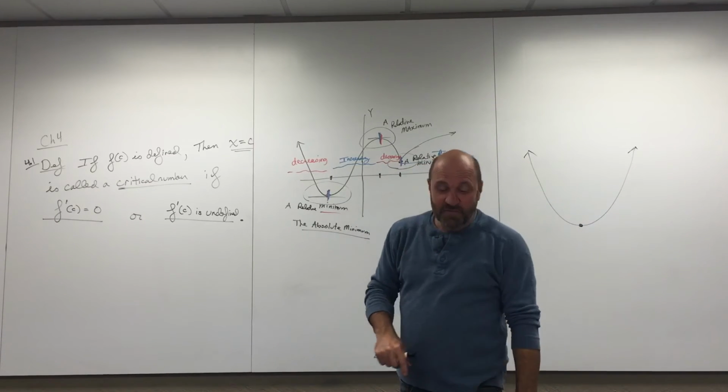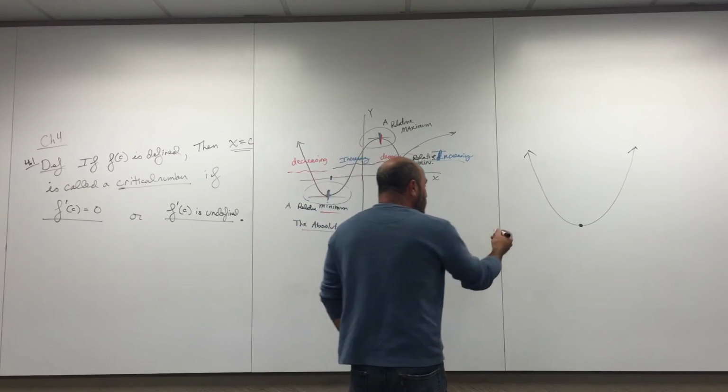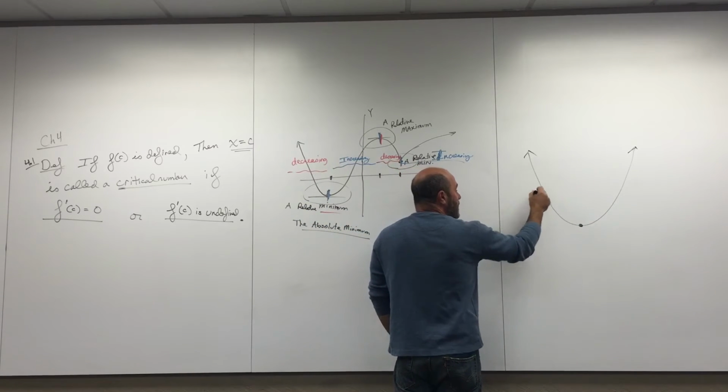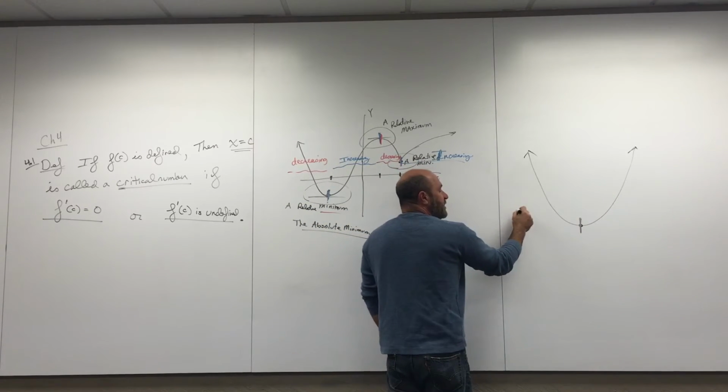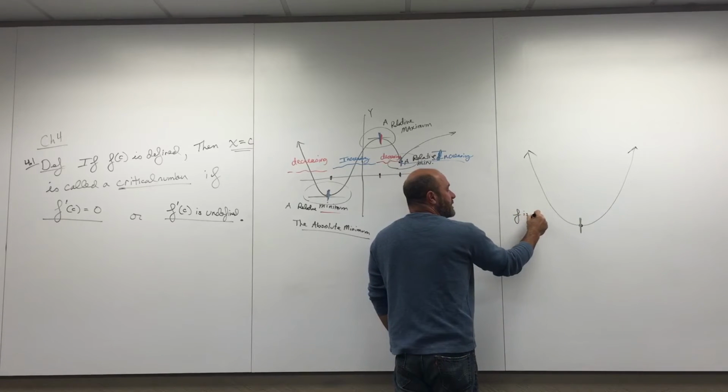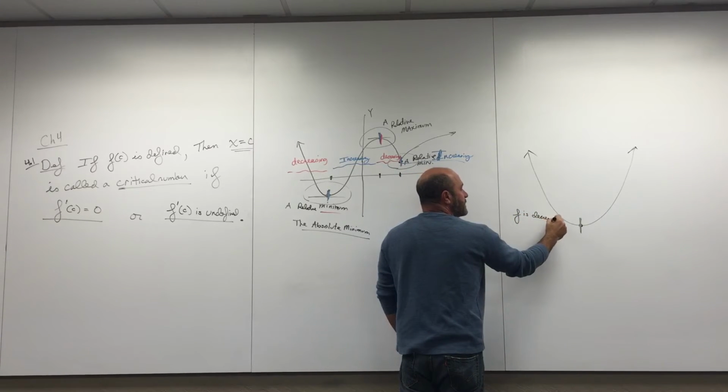But here's the thing. So what did we just say? Hang on, watch this. Over here, we said the function is decreasing. Is that what we're saying? The function is decreasing. Okay.